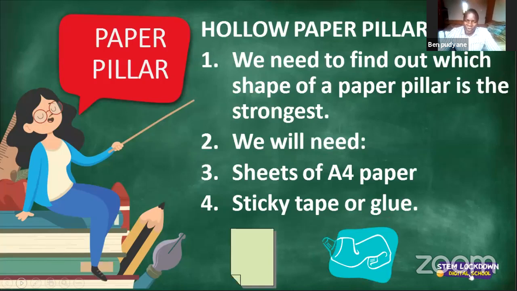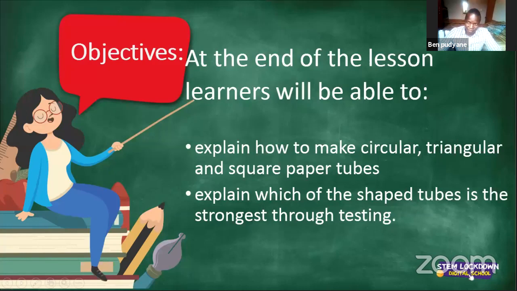Now, hollow paper pillars. We need to find out which of the paper pillars is the strongest. What do we need? We need A4 paper, and a tape or sticky glue. With me, I have got old, used papers, and I also have a tape with me.